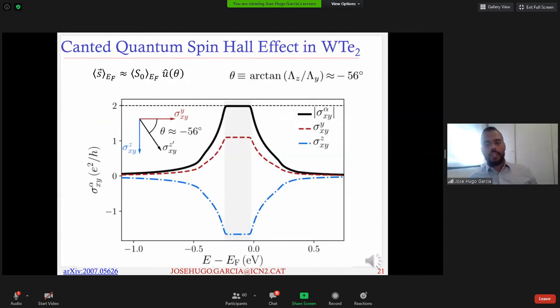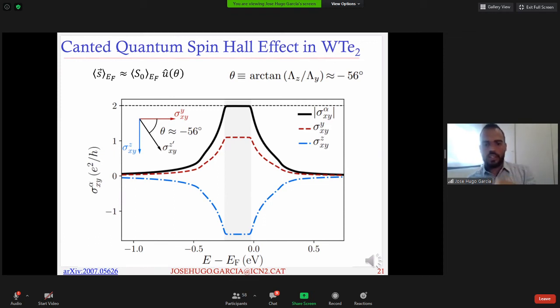And this is maybe the main result of my presentation: when we take this model, we did a Kubo calculation, a full Kubo calculation, not just Berry curvature every time. We obtained that at the gap of tungsten telluride, the system becomes a quantum spin Hall insulator. But let me guide you through this slide.